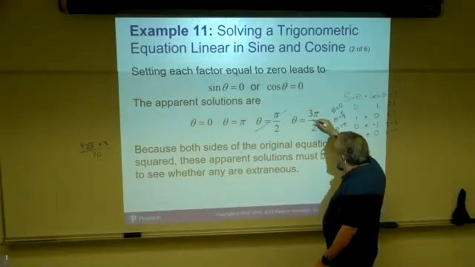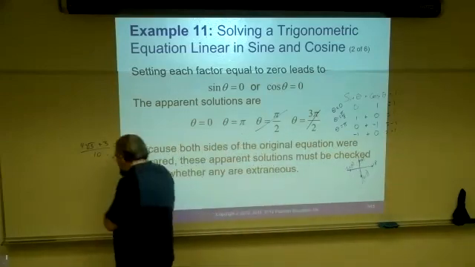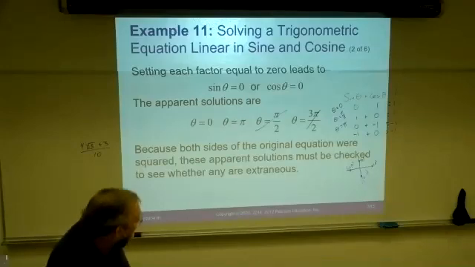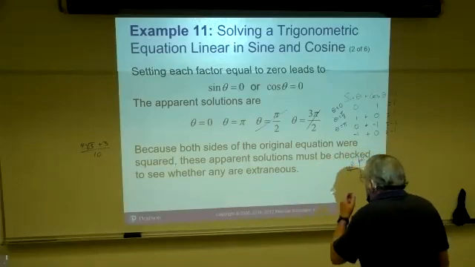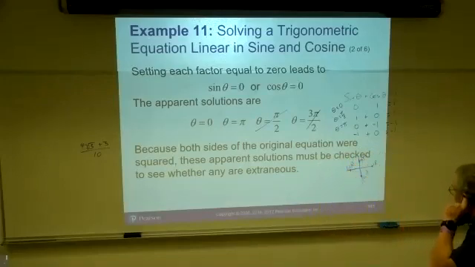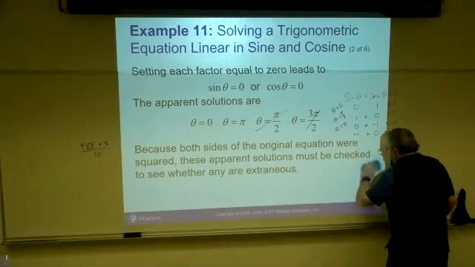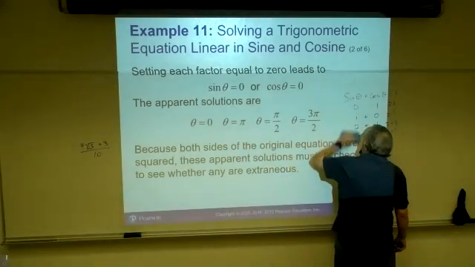So that means pi and 3/2 pi aren't part of the solution because they don't give us the correct answer. They call them extraneous solutions because we find them as possible solutions, but because they don't work in the original equation or function, then they're extraneous.